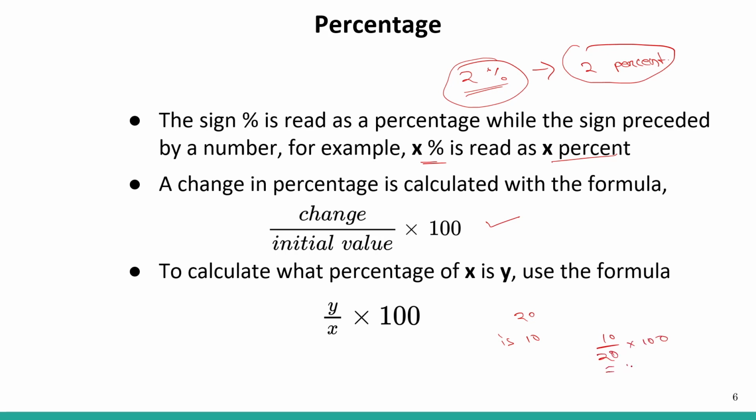So this is nothing but 0.5 into 100, that is equal to 50. So it will be equal to 50. So 50% is 10 of 20. If you have 10 out of 20, then you have 50%.